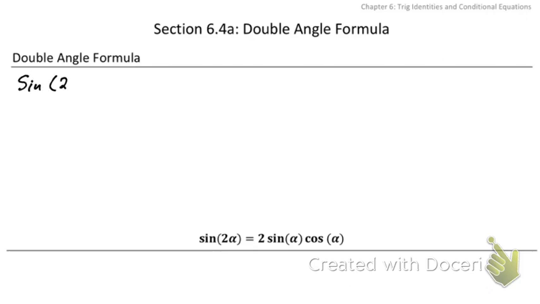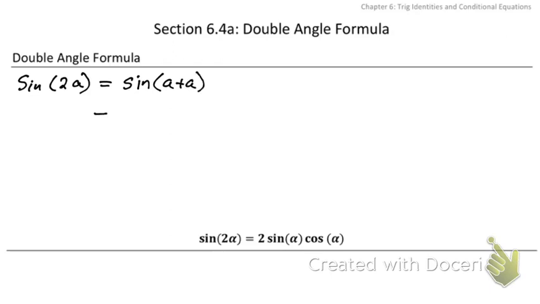Sine of 2a. And you said, hey, I don't know the double angle formula, but I do know the sum of an angle formula. So you rewrote it as sine of a plus a.